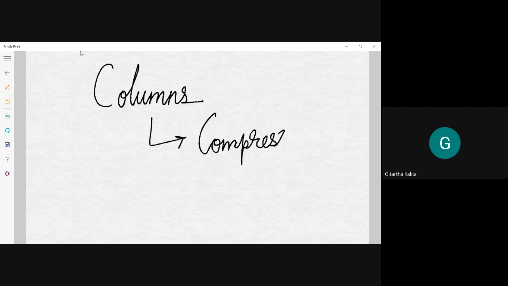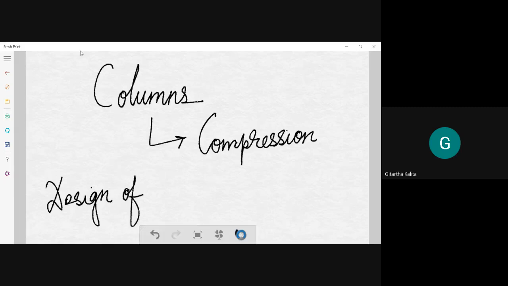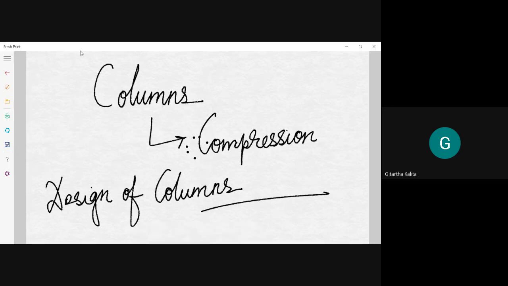So design of steel structures compression members actually means, in a broader sense, design of columns.